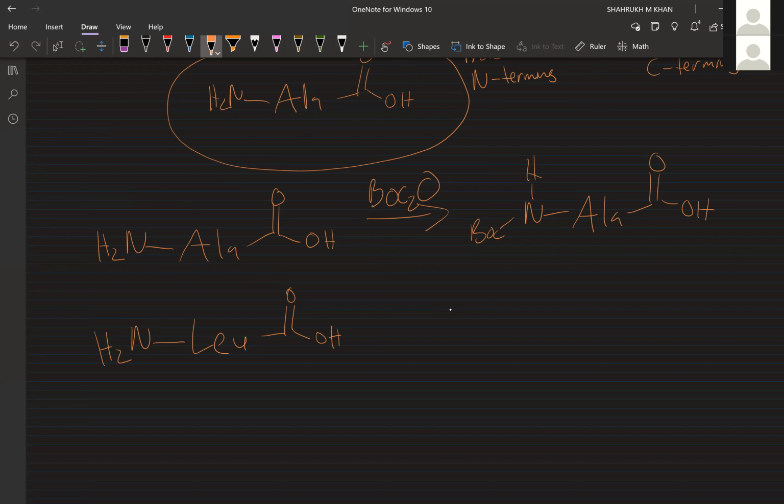Okay, so we want to do a C protection of this, right? What kind of reagents can we use to do that?